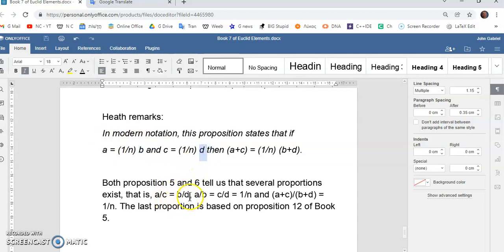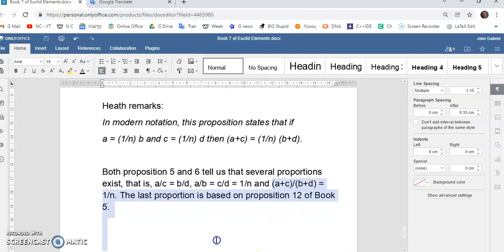And it tells us that A divided by B is equal to C divided by D is equal to 1 over n, which is the same fraction of both B and D. And also that A plus C divided by B plus D is equal to 1 over n. By the way, this last statement is based on proposition 12 of book 5, and you'll see it coming up again and again, okay?